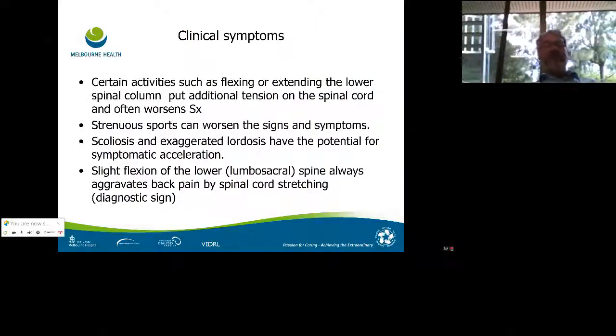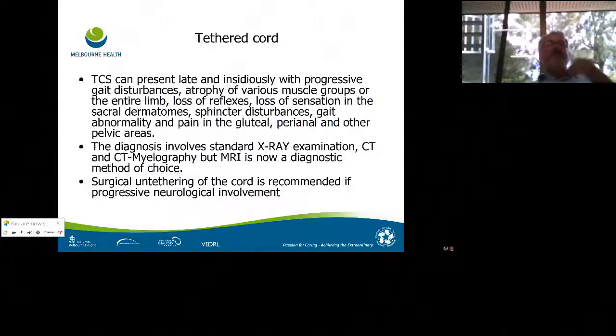The treatment there was conservative, but I'm unsure as to what's happened in the longer term. We tend to diagnose by looking at flexion of the lumbosacral spine and the expectation that there will be an increase in symptoms.